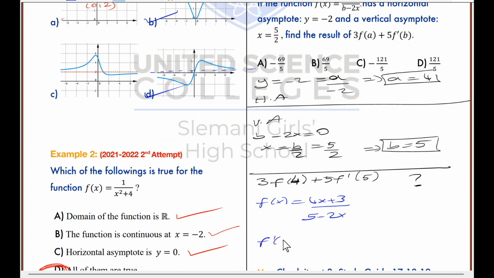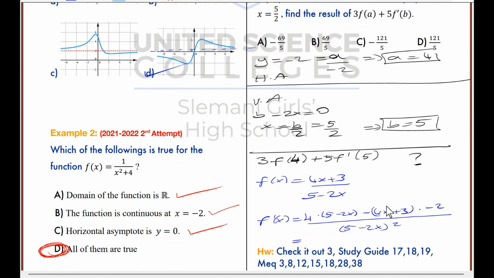F prime of x equals, derivative of top is 4 times bottom minus top times derivative of bottom, all over bottom squared, which is equal to, I'm afraid I will not fit in here, over the bottom.